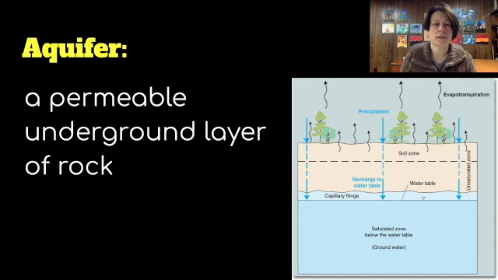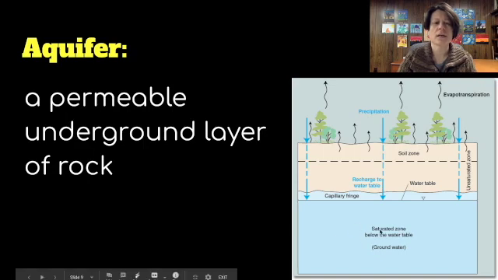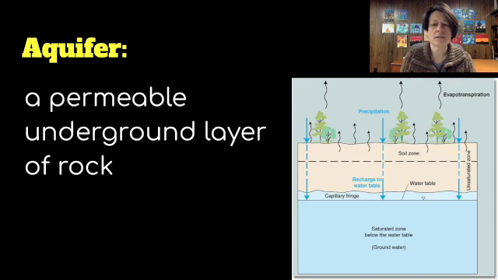Groundwater is stored in an aquifer. It's a permeable underground layer of rock. So this saturated zone is an aquifer, and that tends to be very porous rocks such as limestone or sandstone.